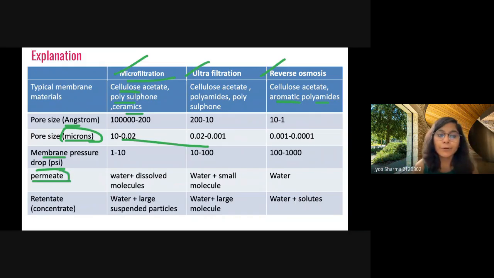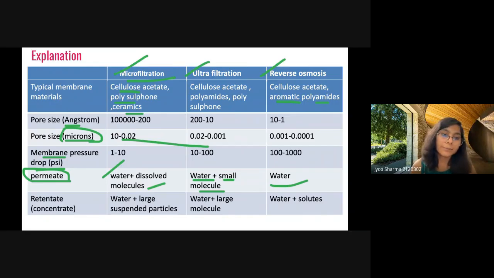Permeate is the end product that you get after filtration. In microfiltration you will have water plus dissolved molecules. After ultrafiltration you will get water plus small molecules, and in reverse osmosis most of the solute will be removed and you will get just the water.